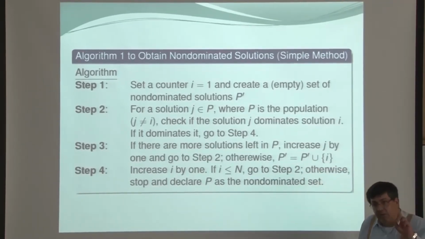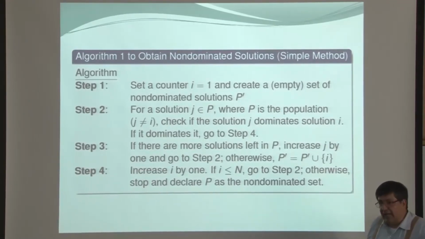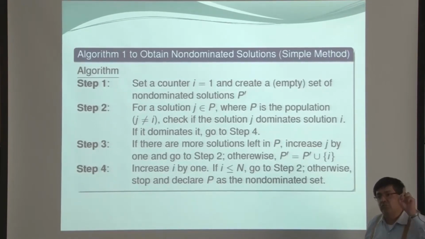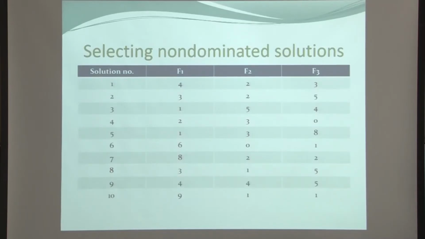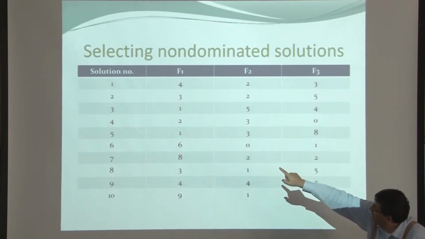So again, we're going to choose J such that J is different from I. But pay attention: here I can use 1 because 1 is different from 2. I cannot use 2. Every other number I can use. So I will use 1, 3, 4, 5, 6, 7, up to 10. Okay? So the first check I need to do is, does solution 1 dominate solution 2?